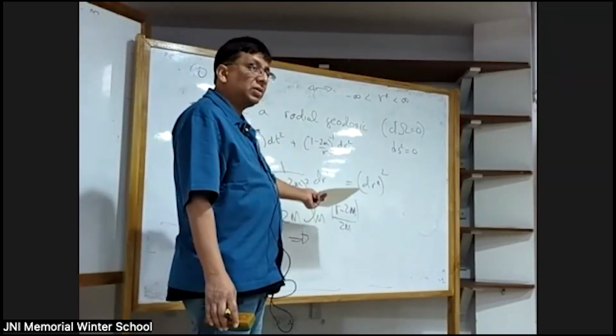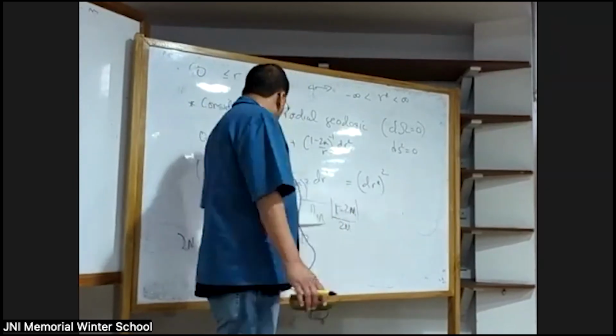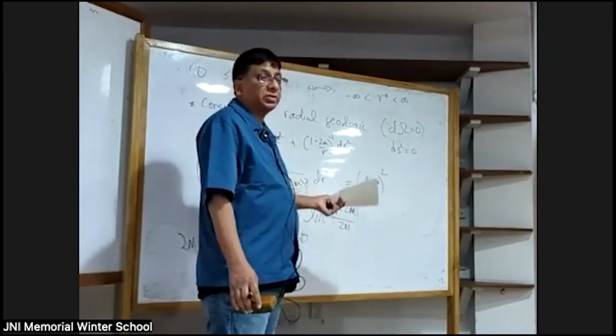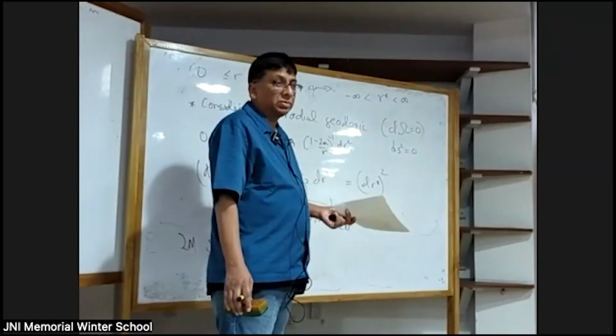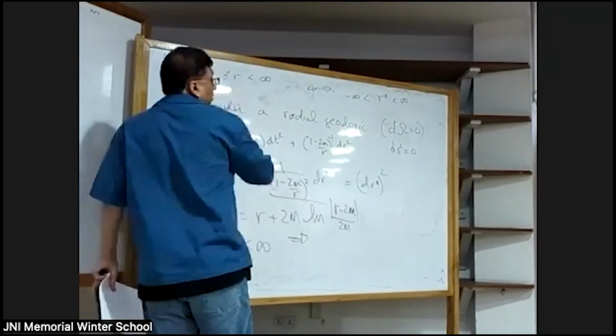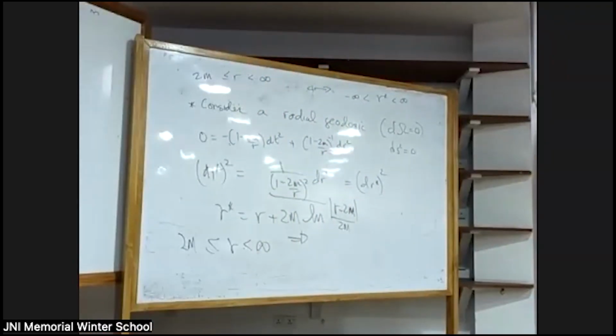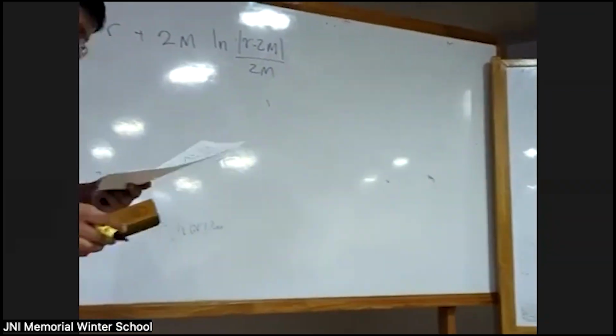It'll be multi-valued, right? So the same r star will correspond to two different r's. So I guess, yeah, that's one. Is that okay? Yeah. Okay.